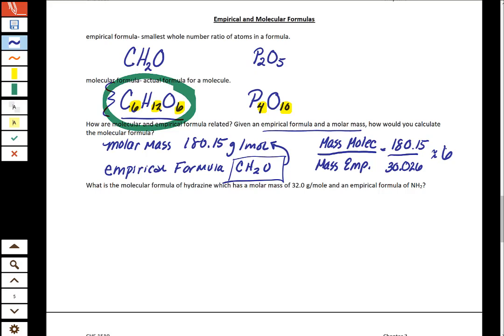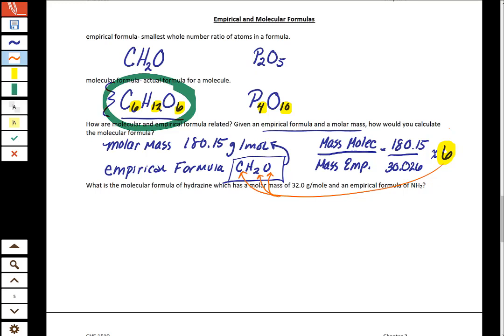So what that means is we can take this 6 and distribute it through the subscripts at the bottom of the empirical formula to get our molecular formula.